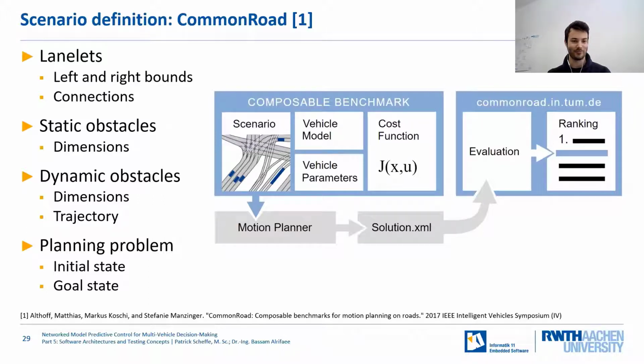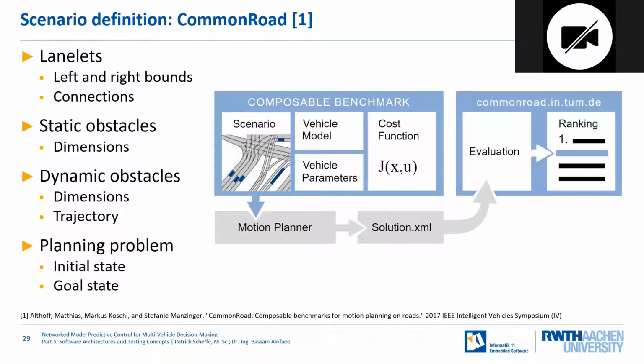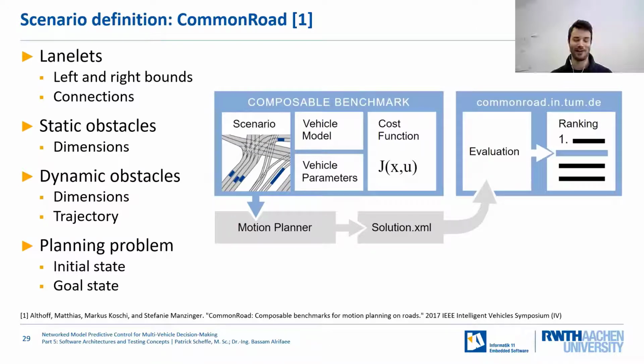And it has various components. For example, the streets are made up of lanelets. This is a format which defines where my left and right bounds are and how the street is split into several parts, and then how they are connected. Are they lying next to each other?